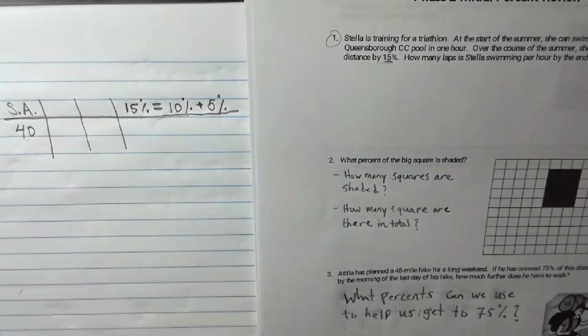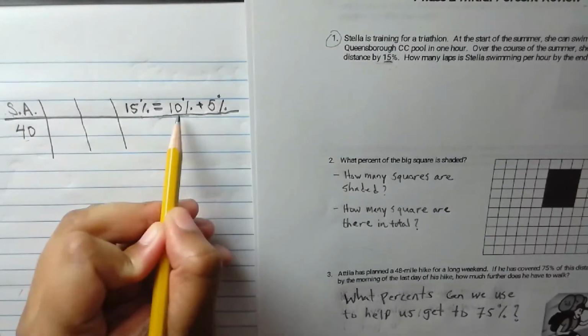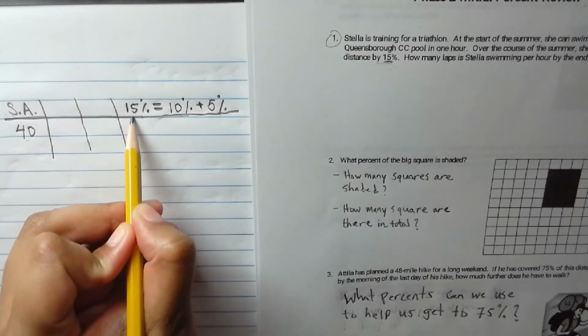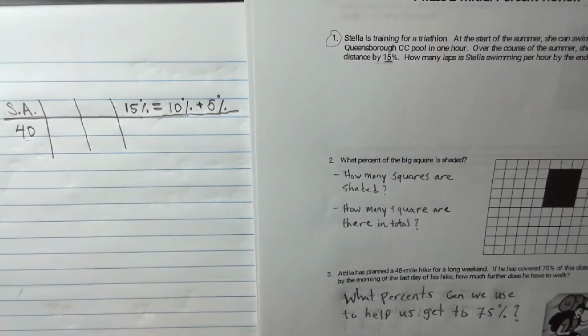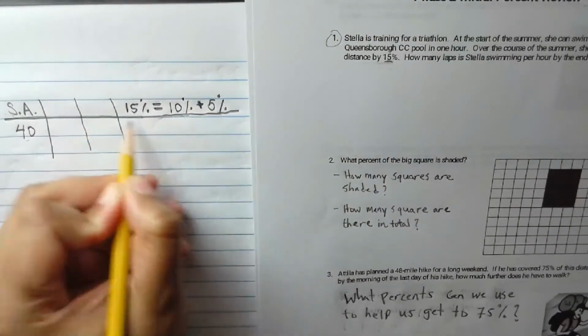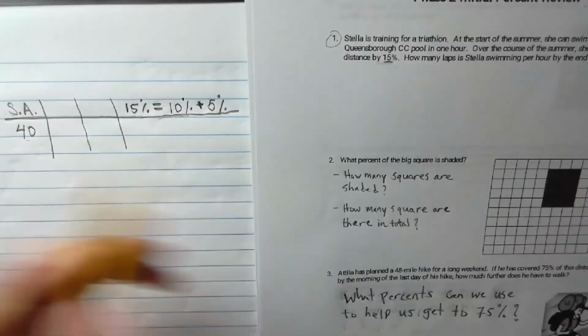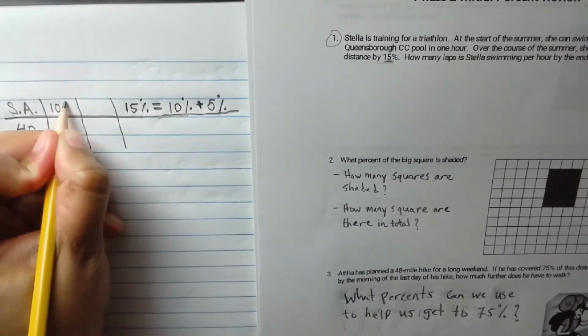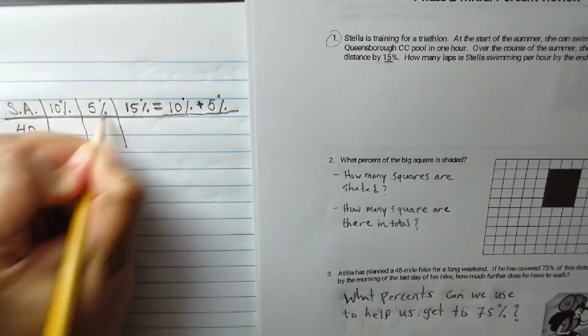Okay, so if we could find 10% and then we could find 5%, then we can add those percents to get 15%. So this is how we can think of 15% going forward. Okay, so if we want to find that, because that's what the question asks for, let's first find 10%, and then after that we can find 5%.